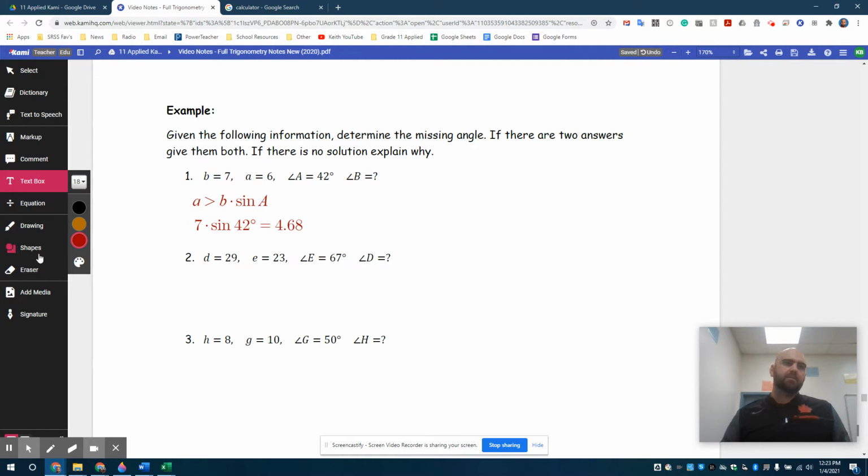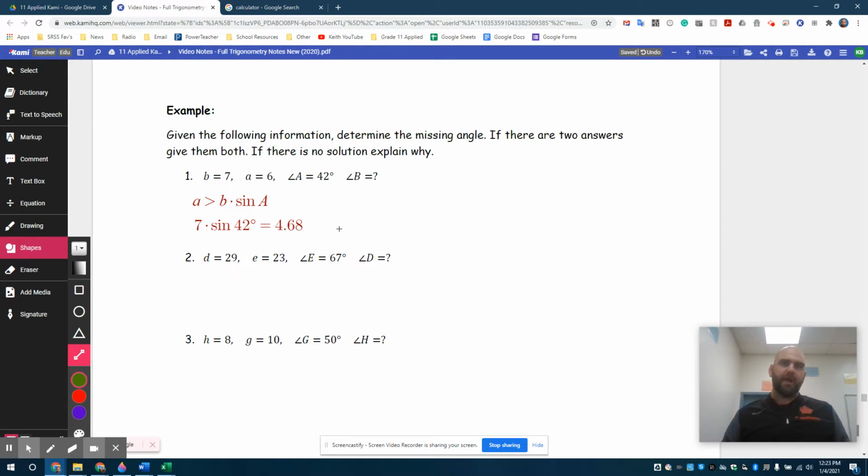So when we draw it out, and I'm going to try to draw it out as semi-accurately as possible here, we'll usually start with a flat line, and then we'll try to draw this a little bit better here. Here's going to be our angle, 42 degrees, right about there.